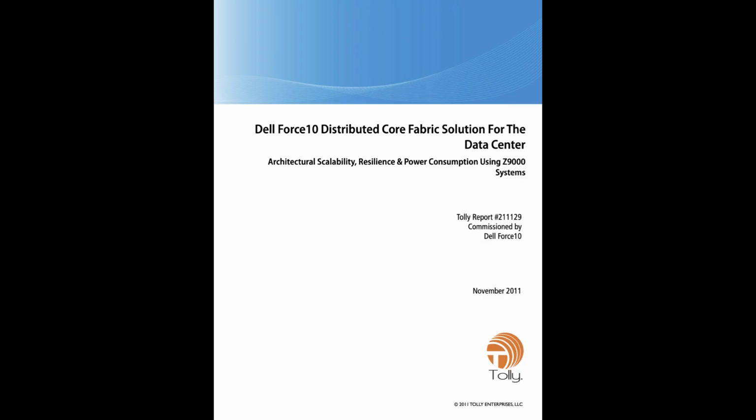And at that, a node failure in a chassis architecture would result in almost a 50% loss in capacity. A node failure in a distributed core architecture, in contrast, is far less catastrophic, resulting in only a fractional degradation of performance. Gentlemen, thanks for those insights into the Dell Force10 distributed core fabric architecture.